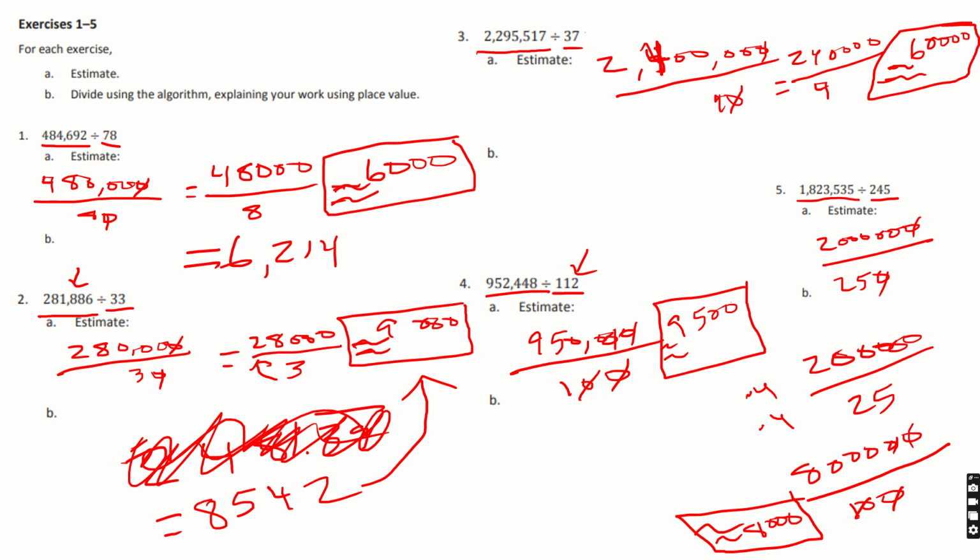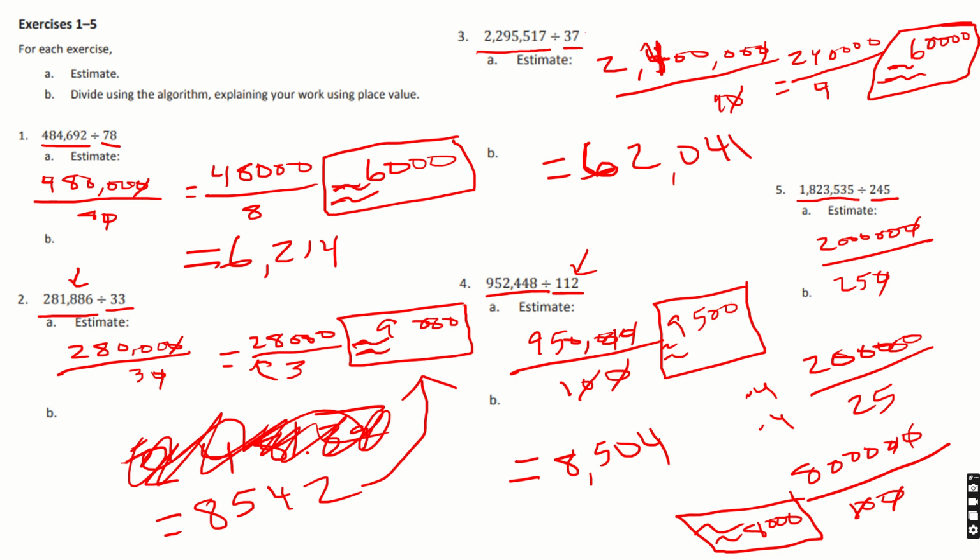So I have 2,295,517 divided by 37. This is my third one. I get exactly 62,041. My fourth one here, I have 952,448 divided by 112, and I get exactly 8,504.